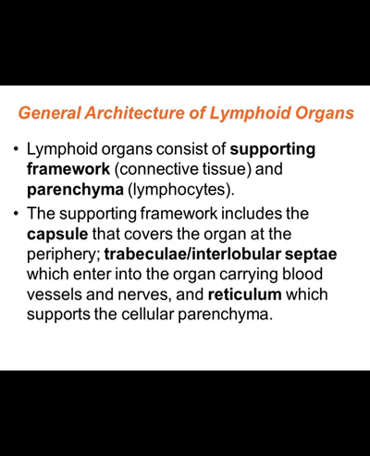Now we come to the general architecture of a lymphoid organ. The lymphoid organs consist of a supporting framework, which is connective tissue, and parenchyma, which is composed of lymphocytes. The supporting framework includes the capsule that covers the organ at the periphery, and trabeculae or interlobular septi, which enter from the capsule into the organ carrying blood vessels and nerves.